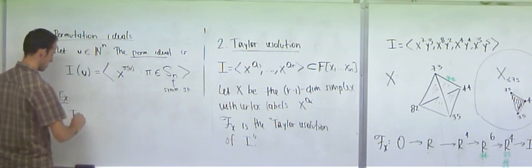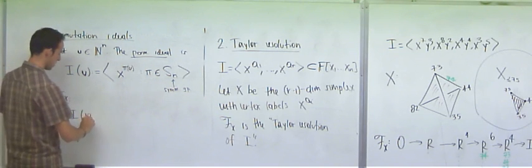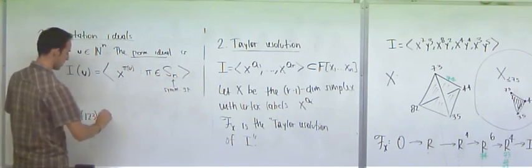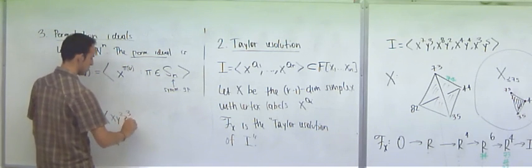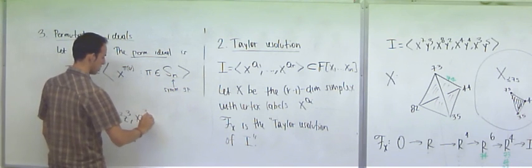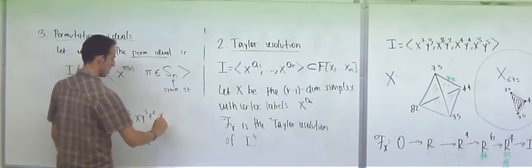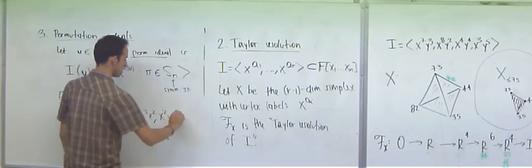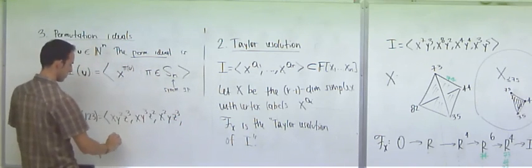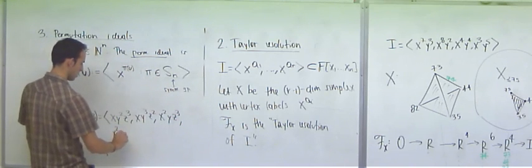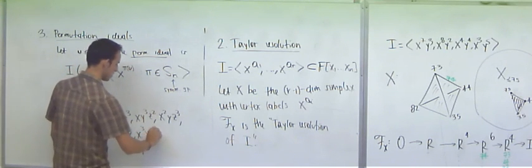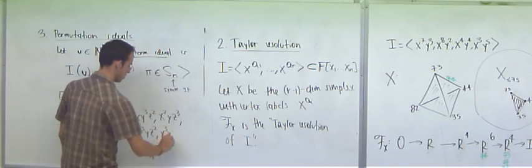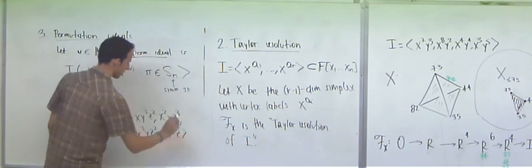So the ideal of 1, 2, and 3 will be something in 3 variables, and it's going to look like x, y squared, z cubed; x, y cubed, z squared; x squared, y, z cubed; x squared, y cubed, z; x cubed, y, z squared; and x cubed, y squared, z.